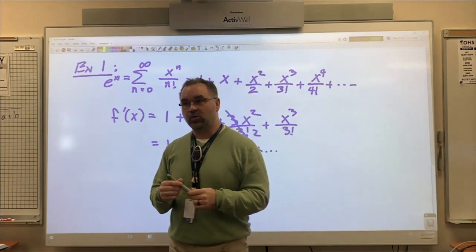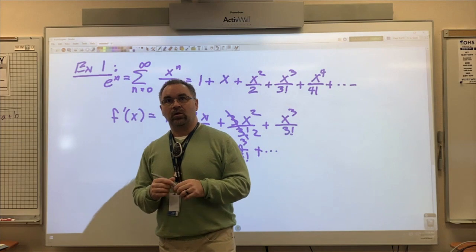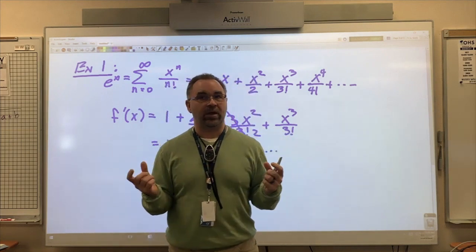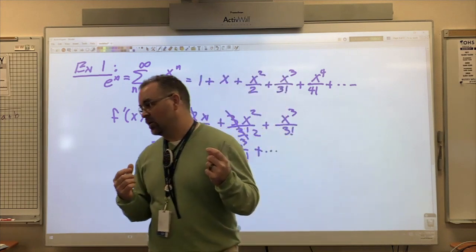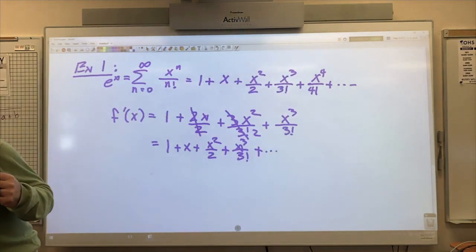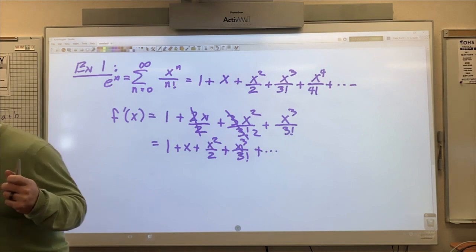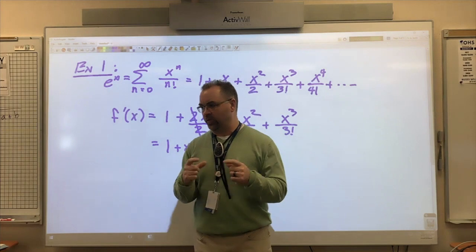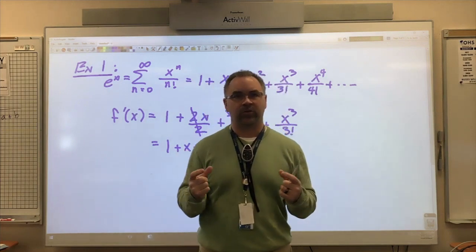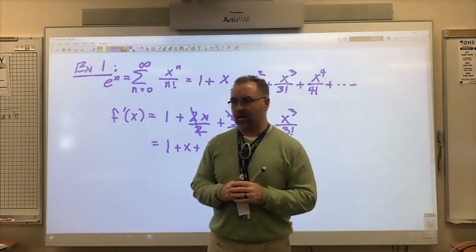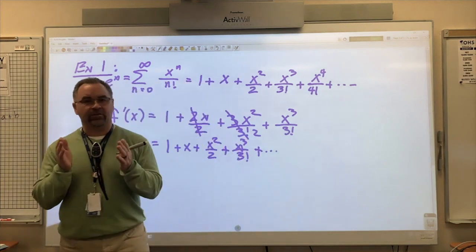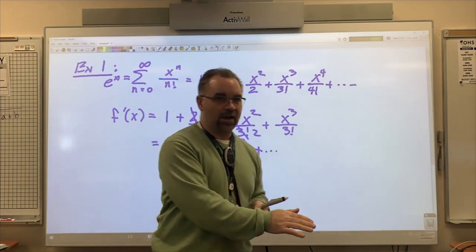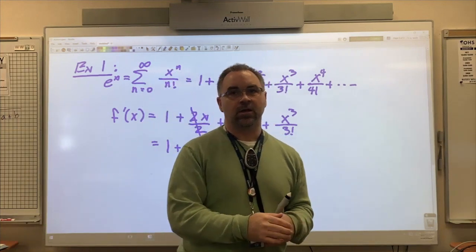Usually there's this note in the book, Dr. Larson actually buries it at the bottom of a page. I can't remember the page number. Hang on, it's the bottom of 622. There's a little note down there. It's actually a theorem in a lot of books that says if the derivative has convergence at the endpoints, then the original function has convergence at the endpoints.